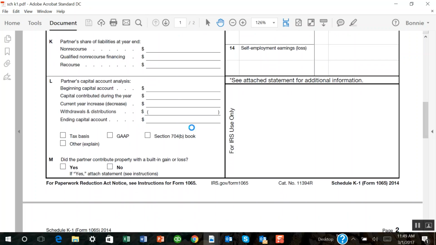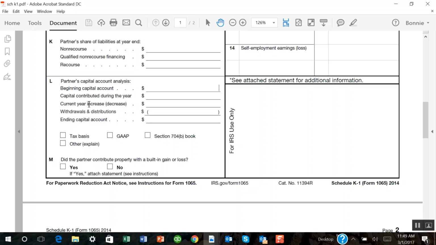Here's where you list his share of the partnership's capital. If you look on last year's K-1, you would look at the end of the year, and the ending capital account from last year's K-1 is what goes up here on this first line where it says beginning capital account.